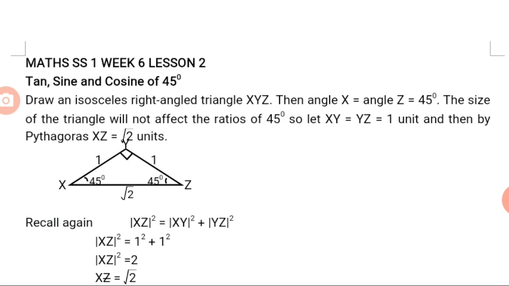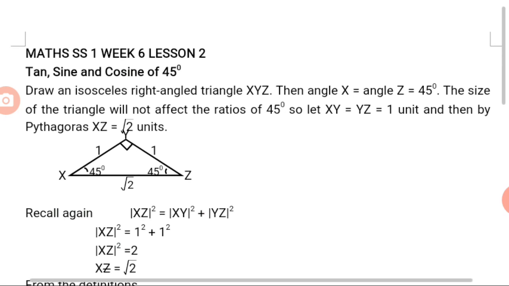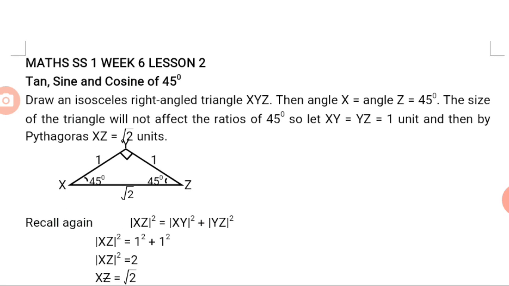In our last lesson, we discussed the ratios of angles 30 degrees and 60 degrees, where we discussed the sine of angle 30 degrees, cos of angle 30 degrees, tan of angle 30 degrees, also tan of angle 60 degrees, cos of angle 60 degrees, and sine of angle 60 degrees.